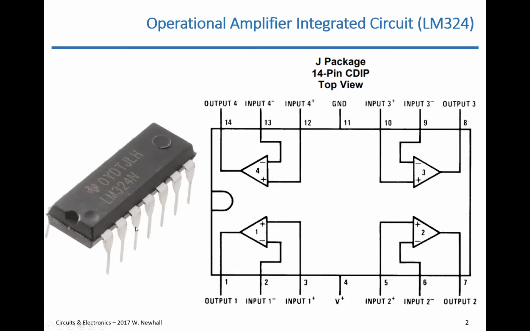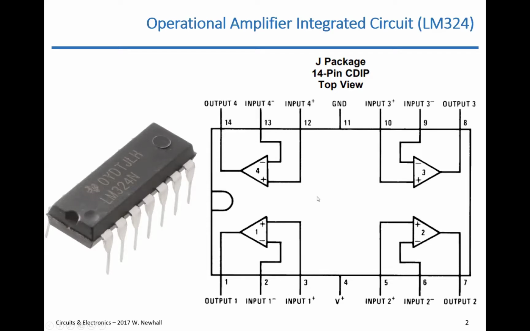It has 14 pins coming out of it, and this diagram on the right is actually inside that op-amp, kind of a cartoon view of what's inside the circuit. There are actually 4 op-amps in this integrated circuit, and so at the lower left you can see pins 1, 2, and 3 are actually the output and the inputs to op-amp number 1, and then you can see 3 other op-amps here.